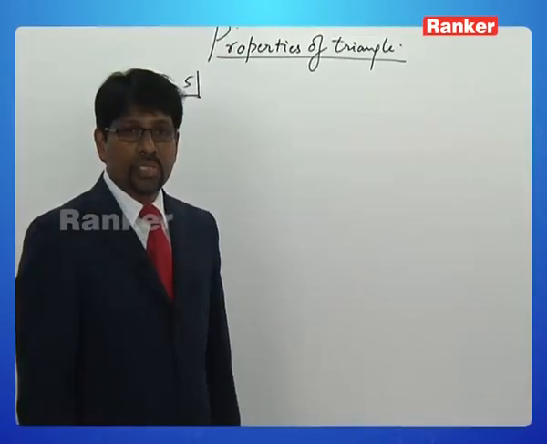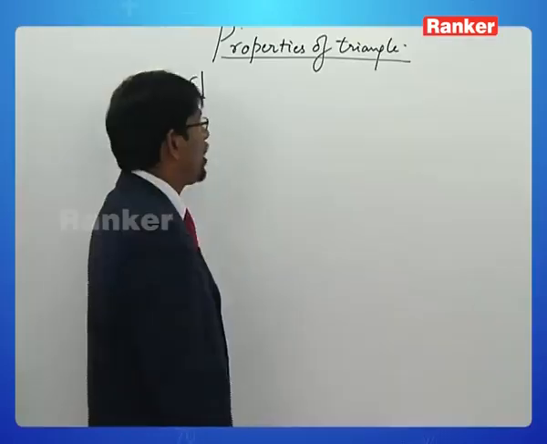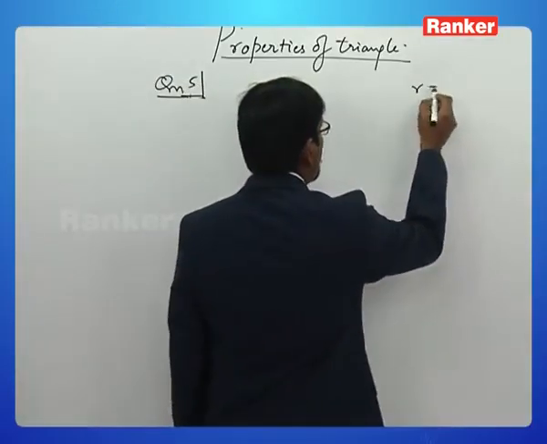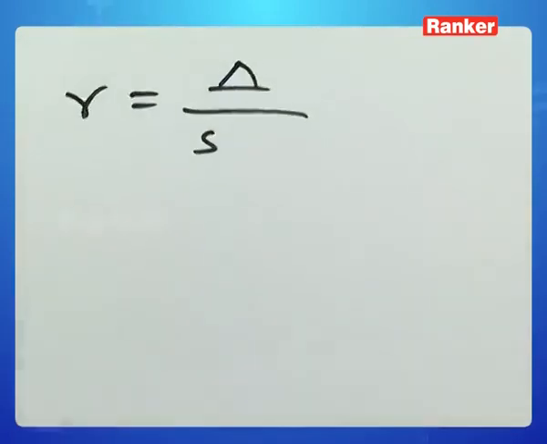Let's move to the next question. Fifth question, small r into cot B by 2 plus cot C by 2 is equal to, first option a, second option b, third option c, fourth option 0. Now let's recall r is equal to delta by s.